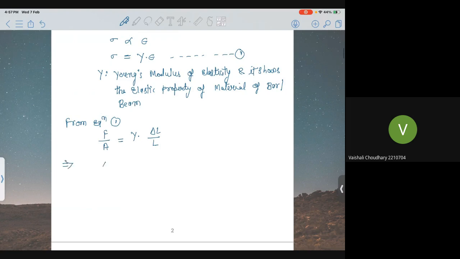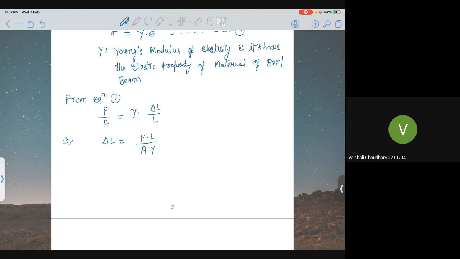If we solve this for change in length, we'll get F times L by A times Y. So if in any system we apply a stress and want to measure the change in length due to this strain, with this formula you can calculate it.